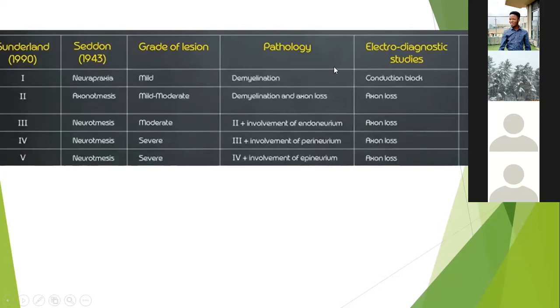So what you look at is the grade or the level of damage. The least damaging is the type 1 neuropraxia, which is compression. The moderate one is the axonotmesis, because this can easily repair. And we are going to see here the prognosis, that is the extent of repair and how long it takes.